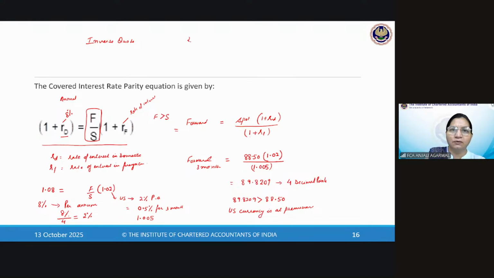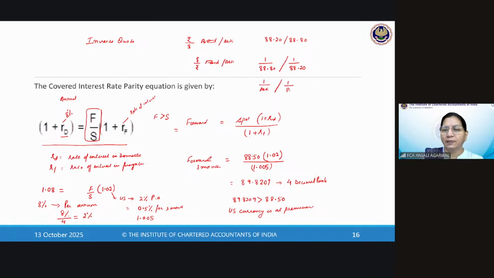If the rupee dollar bid/ask rates are 88.2/88.8, then for dollar rupee, when you do the inverse, it will be 1 upon 88.80 / 1 upon 88.20.